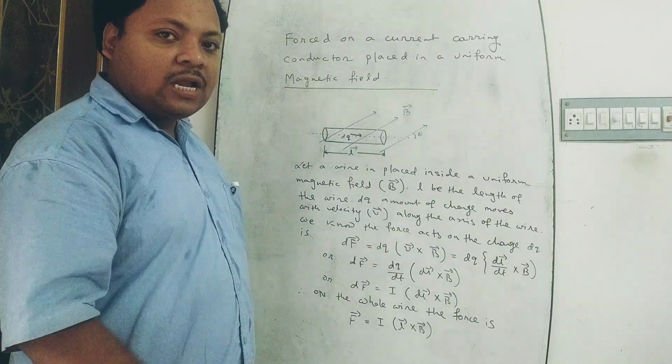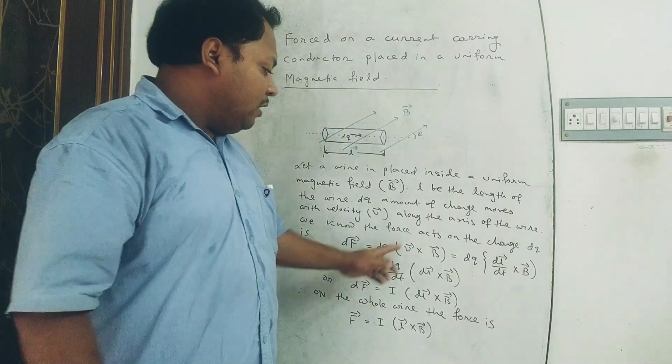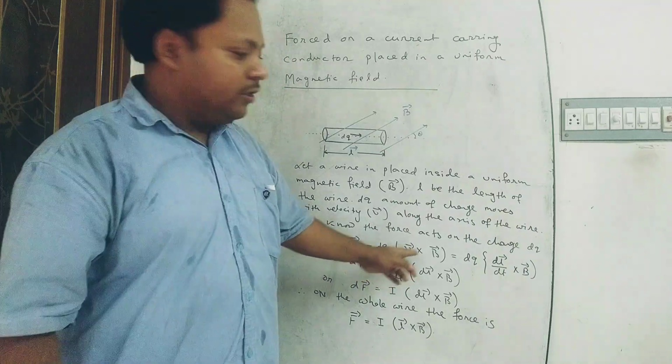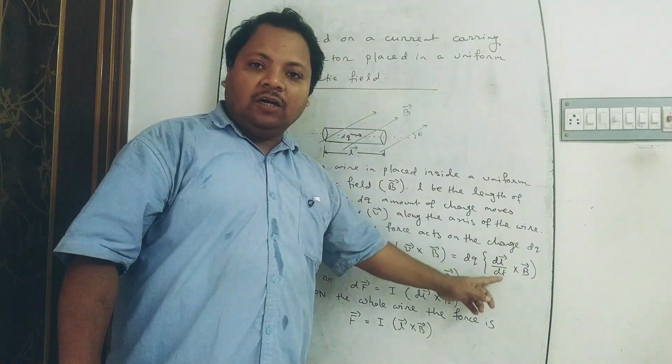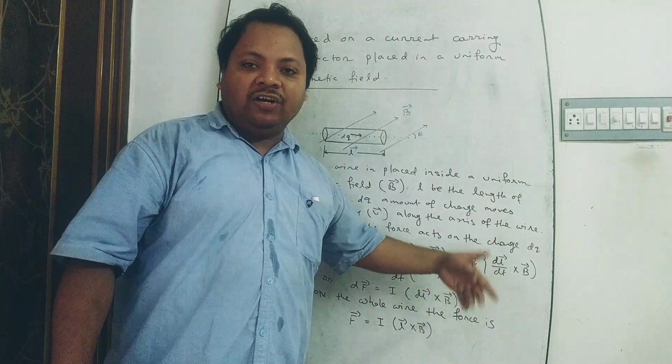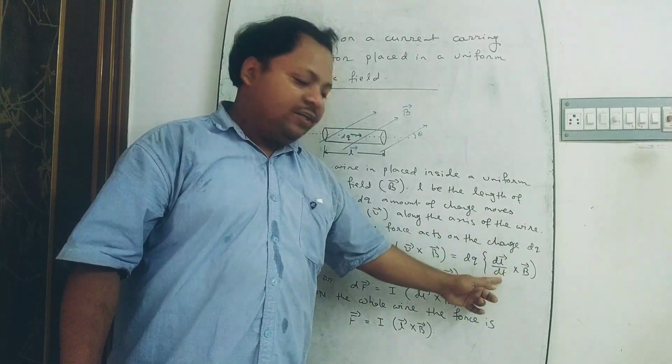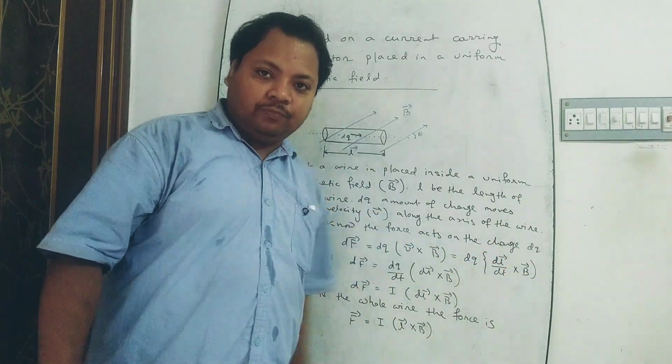You know that the velocity vector is equal to dl vector by dt, that is, dl/dt cross B vector.